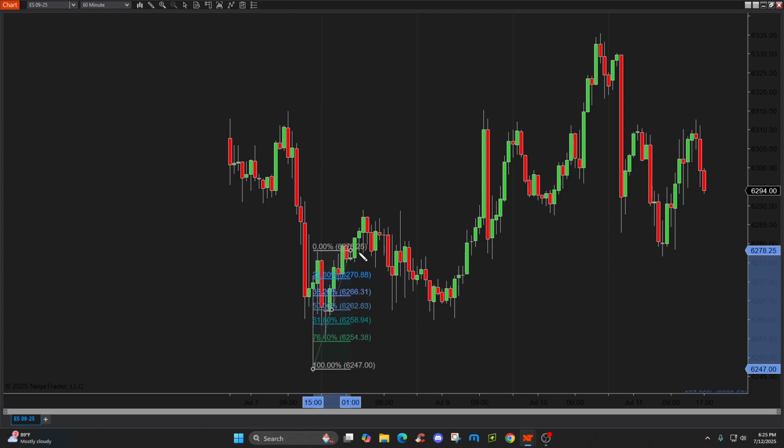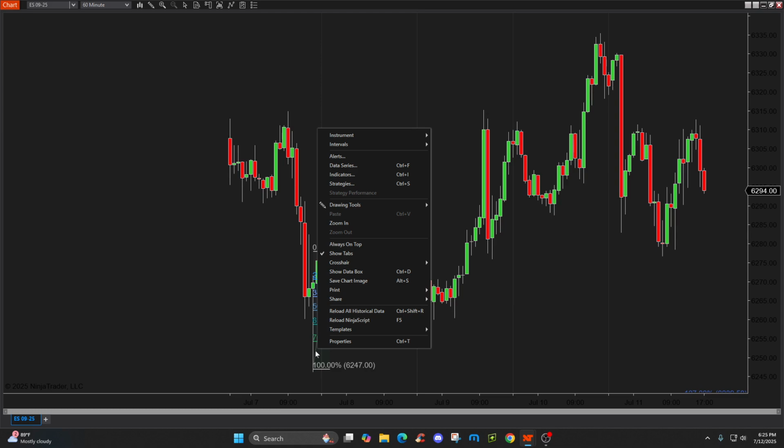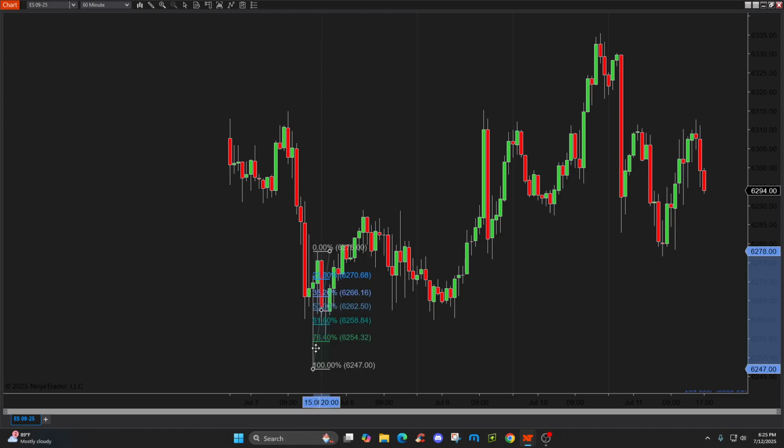Now, let's see here. 1, 2, 3 candles. So believe it or not, we have to draw this one very tight. Now, I can't remember how to edit these. Let's see if we do this here.